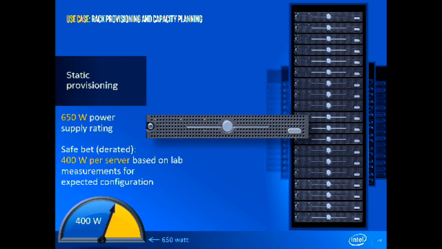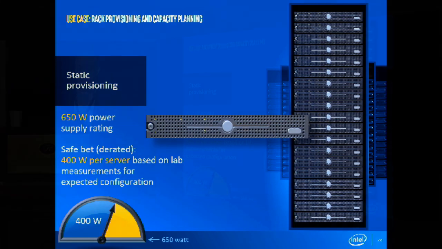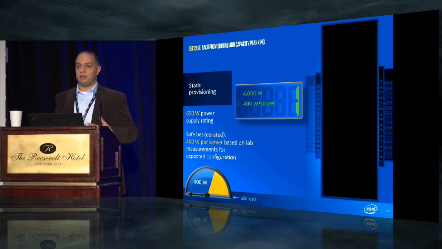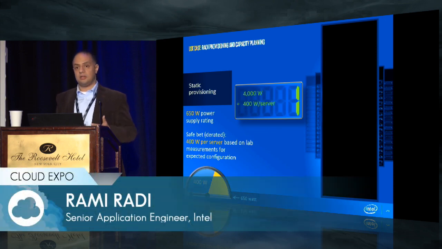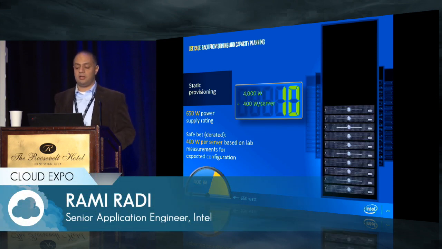And with that, you would be able to statically decide on how many racks you want, how many servers you want in that rack. So very quick calculation here, you would see that you would need 10 servers to install in that rack.